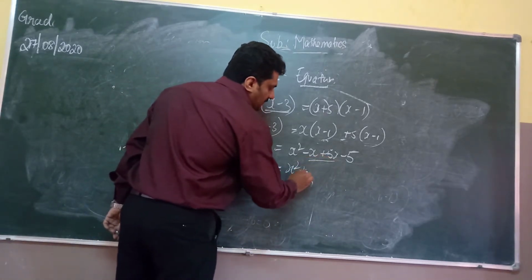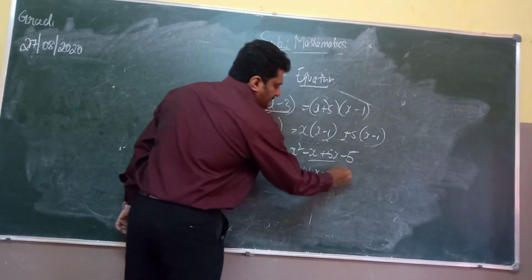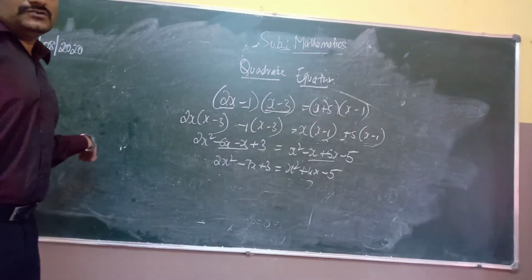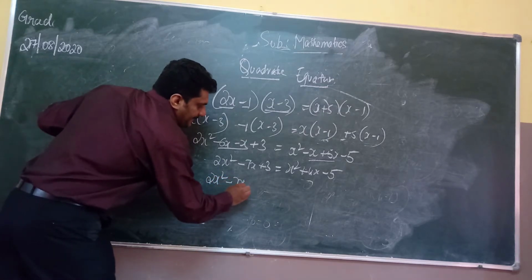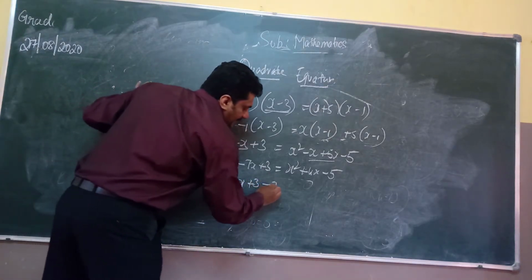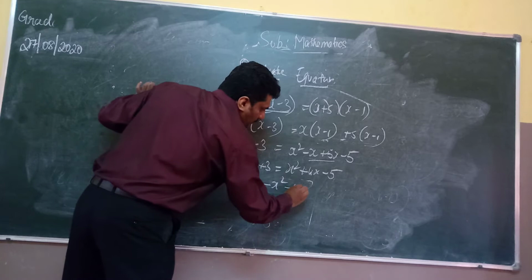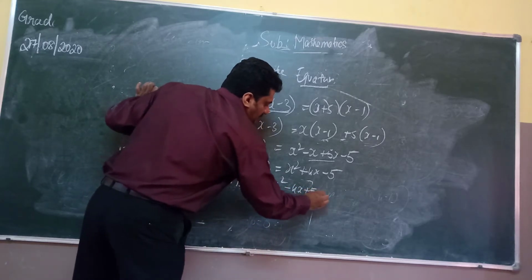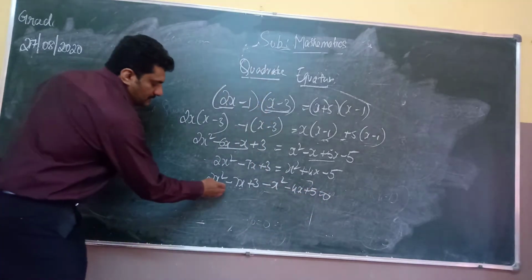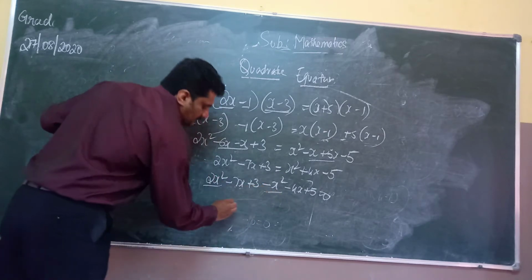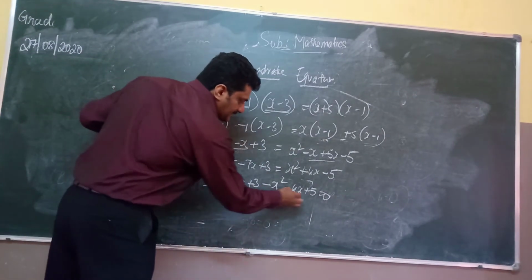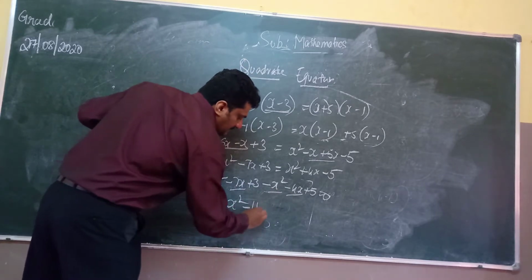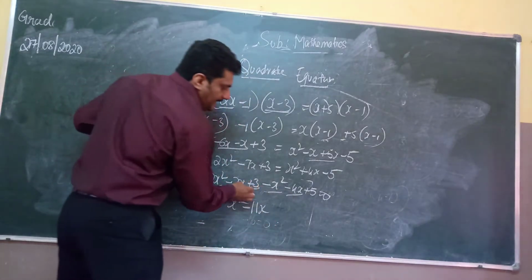How much is this? 4x minus 5. Now get everything to one side. It will become 2x squared minus 7x plus 3 minus x squared minus 4x plus 5 is equal to 0. Now 2x squared minus x squared is x squared, minus 7x minus 4x, and 3 plus 5.